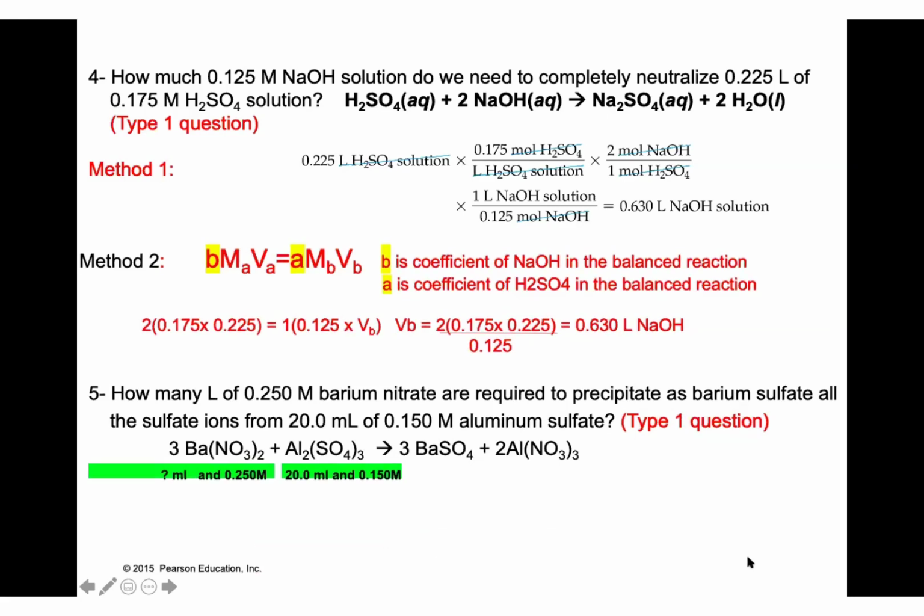Okay, guys, this question is also a type 1 question. Again, it's asking for how many milliliters of barium nitrate are required for all the ions to precipitate from this aluminum sulfate. So I abbreviated here, guys.